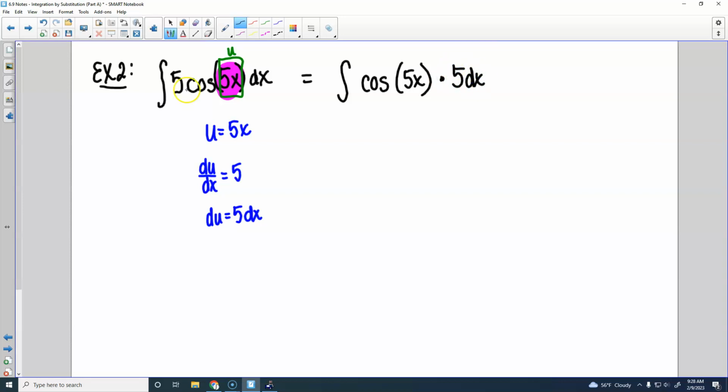It doesn't matter if that 5 is out front or if I put it back here with the dx. So I'm replacing this 5x with a u, and I'm replacing this 5 dx with my du. And so my integral now is going to look like this: cosine of u du.